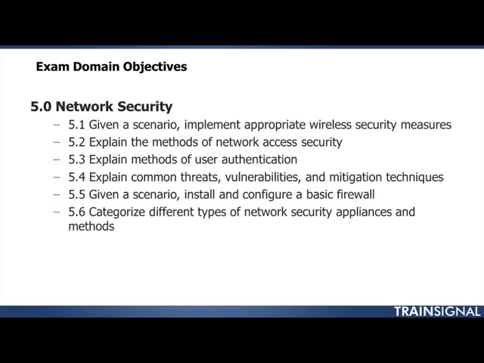And then to wrap things up, the fifth main area is all about security. We had a number of lessons on security. Here they have listed wireless security, network access security, user authentication, threats, vulnerabilities, mitigation techniques, setting up a firewall, and then the different security appliances and methods.